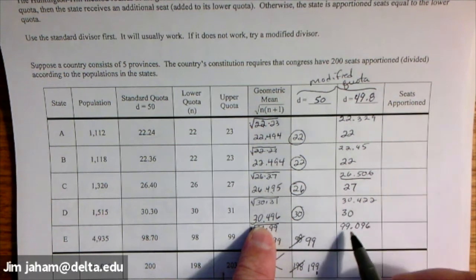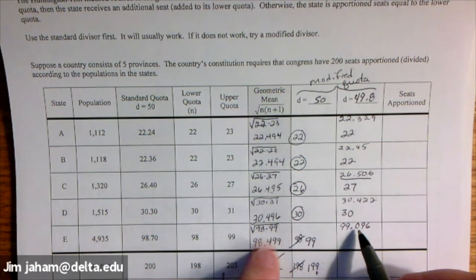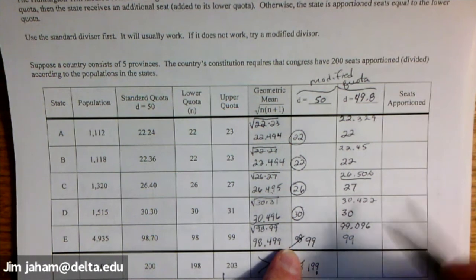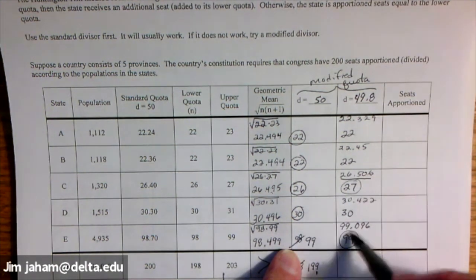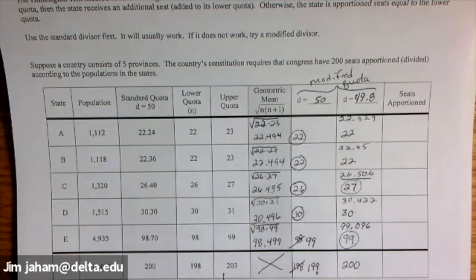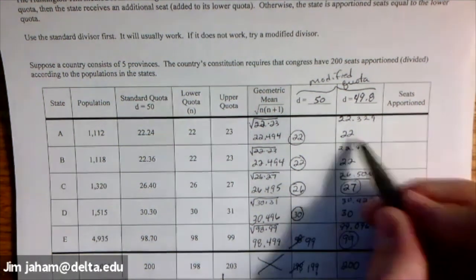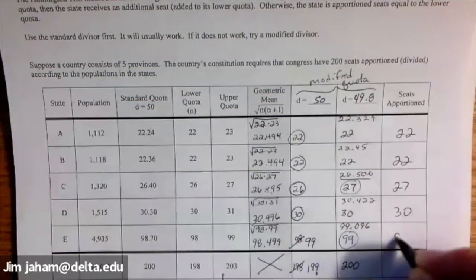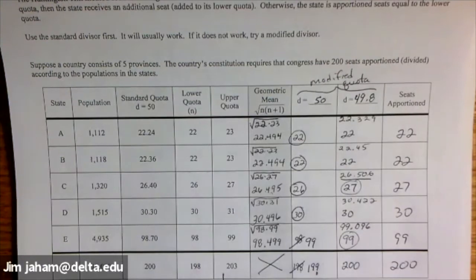And finally, is 99.096 larger than 98.499? Yes, it is indeed. So we go up from 98 to 99. We've gone up one here, and one here, and we started with 198, so those will sum up to 200. So the seats apportioned are 22, 22, 27, 30, and 99, which gives us a total of 200.